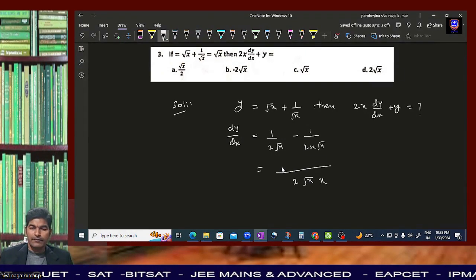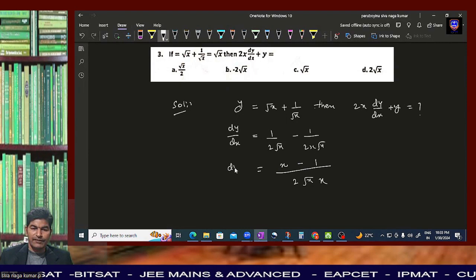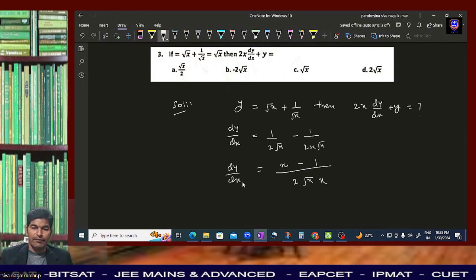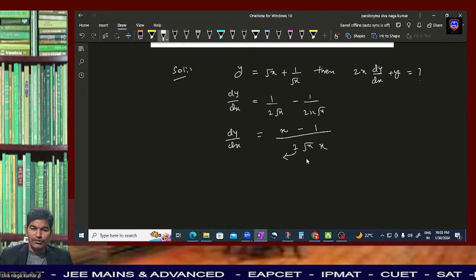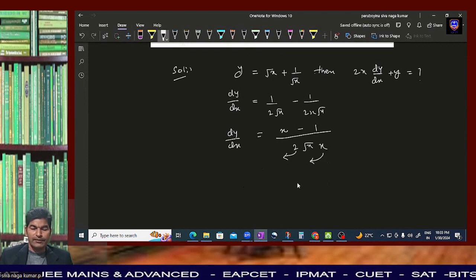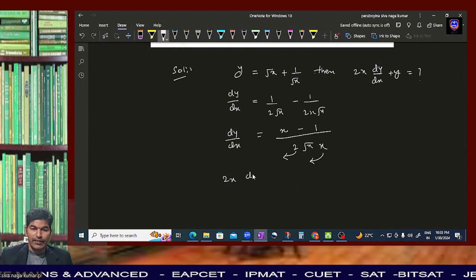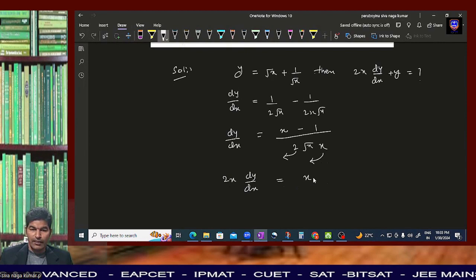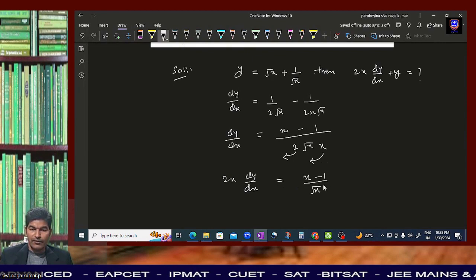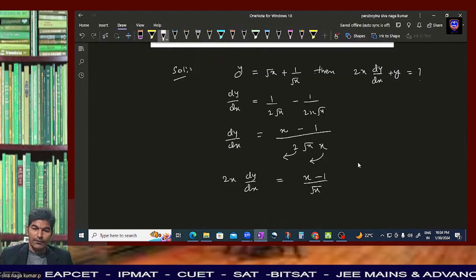Then here you will get x minus 1. All this is dy by dx. Got it. Now we will move this 2 and this x also to the right side. So therefore 2x into dy by dx is equal to x minus 1 by root x.